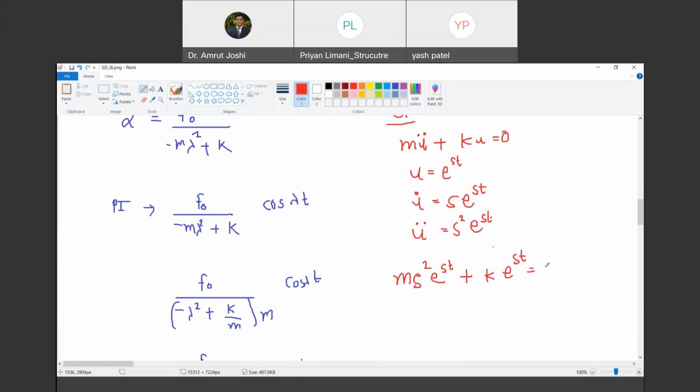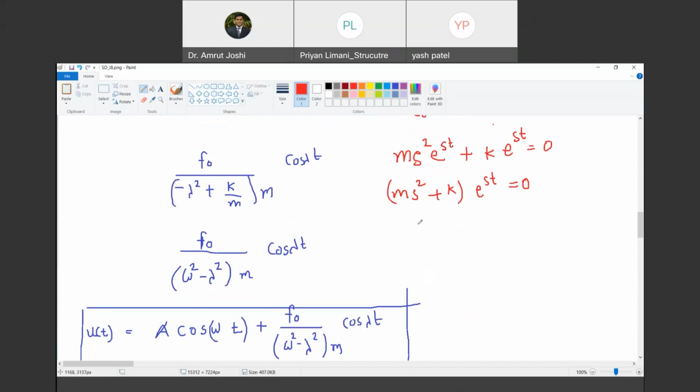Standard procedure, we take e raised to st common. So therefore (m s square plus k) into e raised to st must be equal to 0. There is no way e raised to st can be 0. We know that. So therefore m s square plus k must be equal to 0.